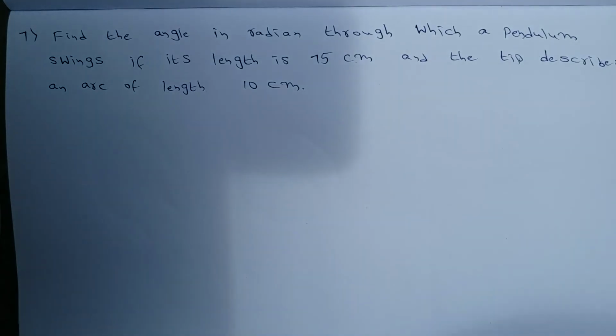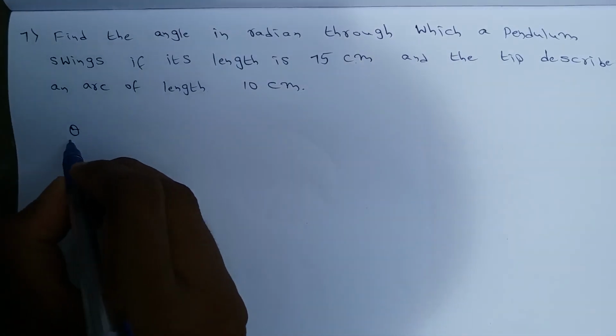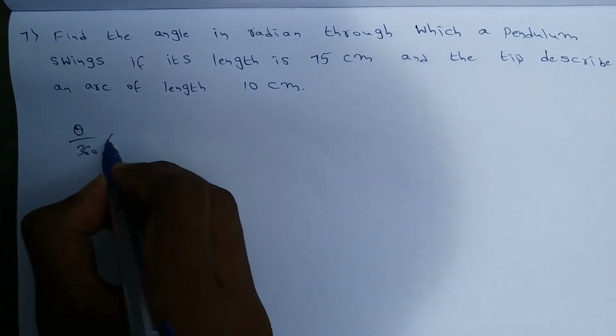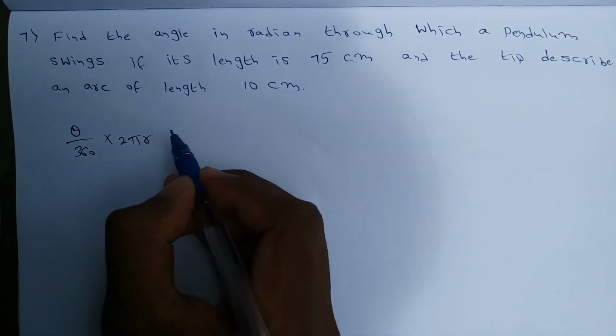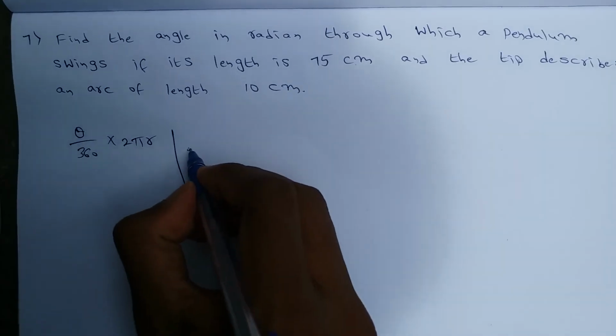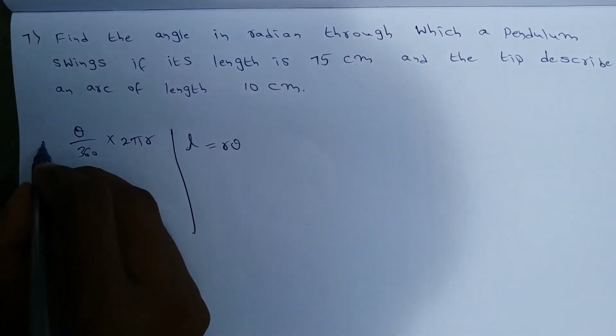Okay, the next question is, find the angle in radians through which a pendulum swings if its length is 75 centimeters and the tip describes an arc of length 10 centimeters. Regarding arc length, we have two formulas. One is theta by 360 into 2 pi r, and the other is L is equal to r theta.